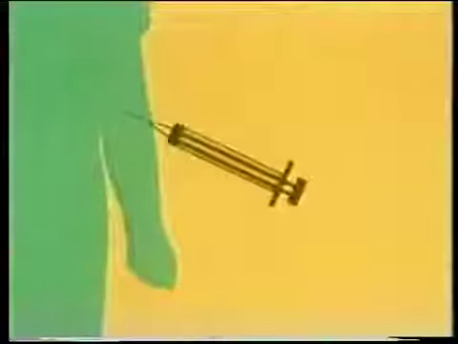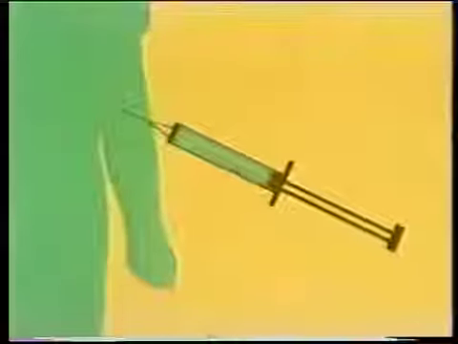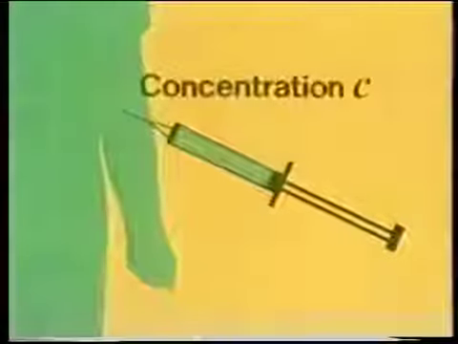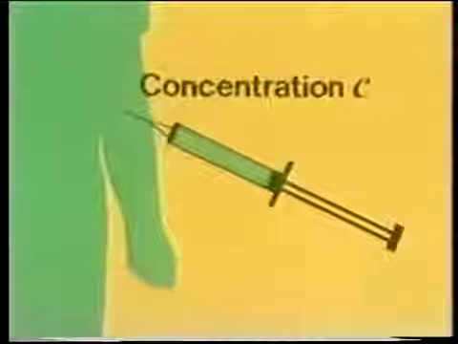And then I'd take blood samples from the other arm to avoid possible contamination from the injection site, typically at intervals, say, of half an hour. I'd take the blood back to the laboratory, analyze the plasma for its theophylline content, and then, when I studied the results, I'd find out that the plasma theophylline concentration varied with time, something like this.